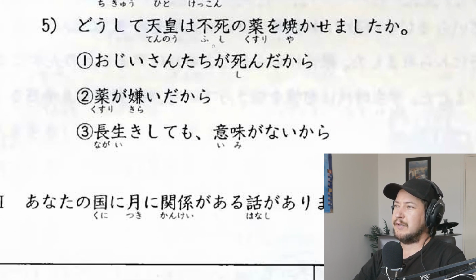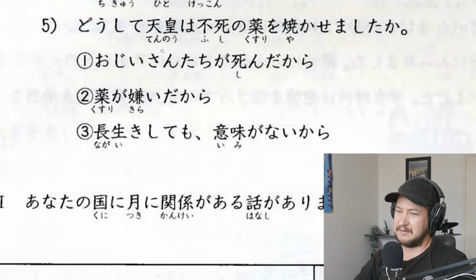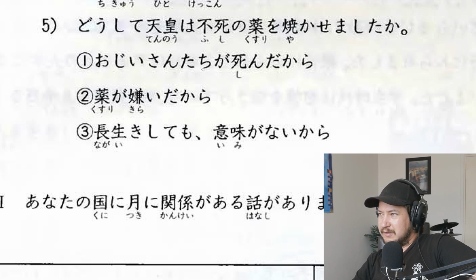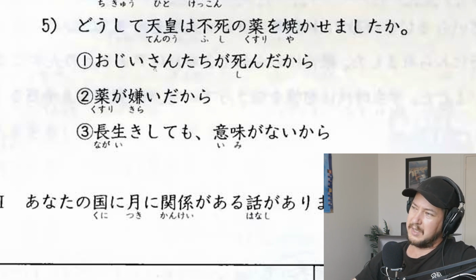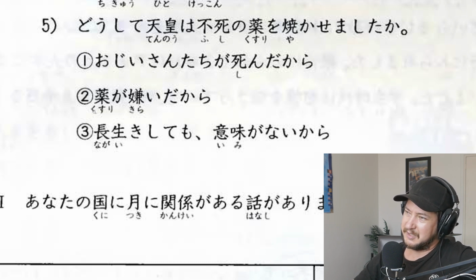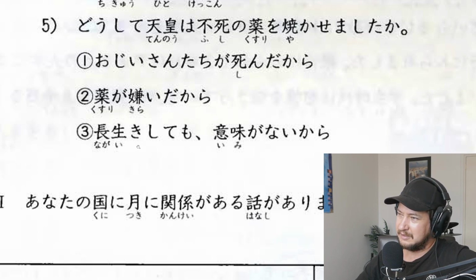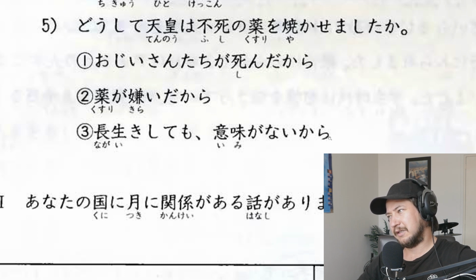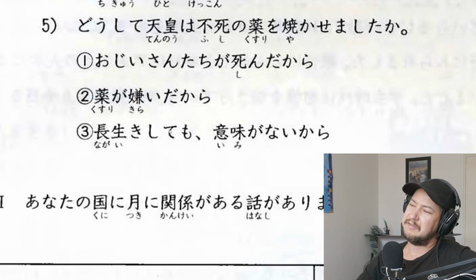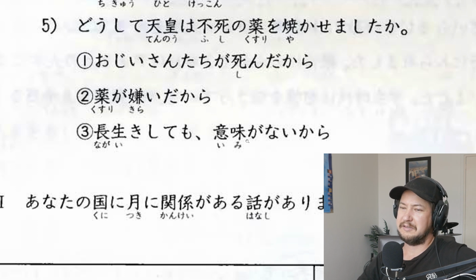どうして天皇は不死の薬を焼かせましたか? Why did the Emperor burn this cure for death? おじさんたちが死んだから, because the old men and women died. 薬が嫌いだから, he hated medicine, and 長生きしても意味がなかったから, so this has that vibe: even if he could live a long life, he didn't see a meaning to it.